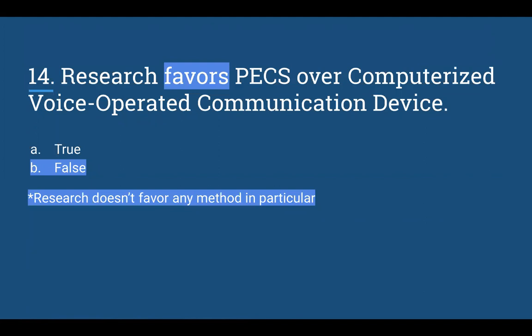But yeah, I never heard research favors PECS over voice-operated. So false, I guess. So this is one of those that you just have to memorize just in case they ask. And it's good to know. Research doesn't favor either of these two methods.